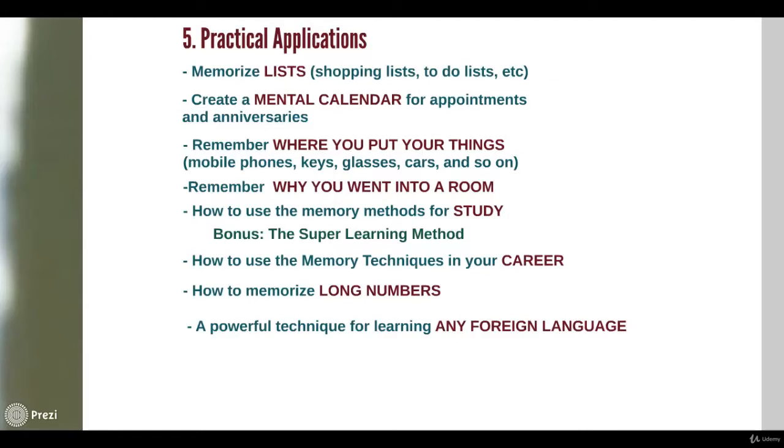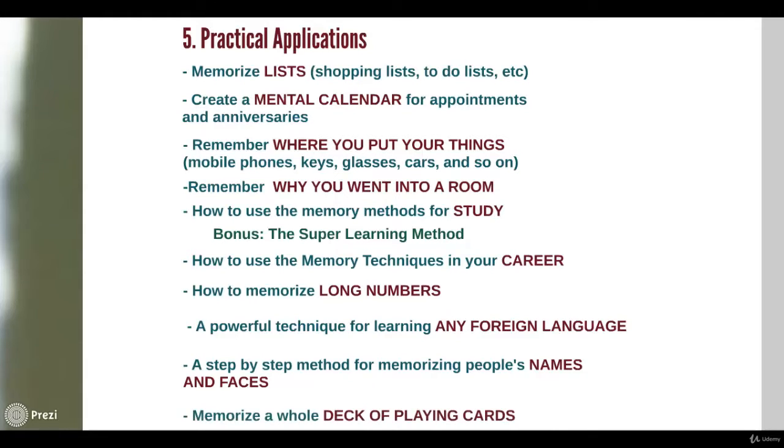The biggest memory problem is that of remembering the names and faces of the people. In this course, you will learn a step-by-step method that will help you remember the names by associating them with the people's faces. Finally, I will show you how to memorize a whole deck of playing cards like the mental athletes do in memory competitions.